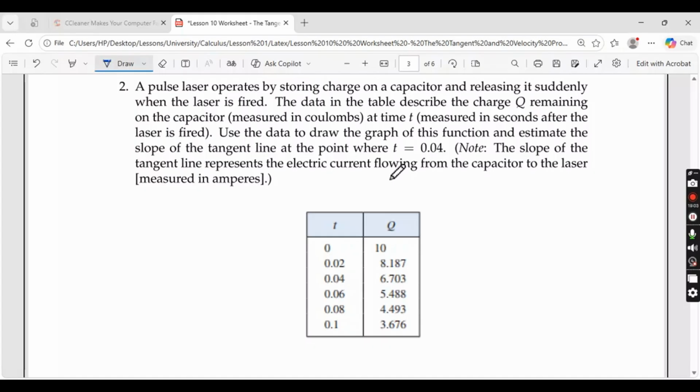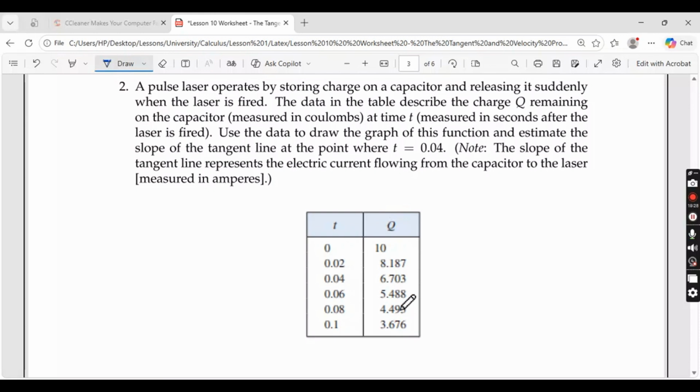Use the data to draw the graph of this function and estimate the slope of the tangent line at the point where t equals 0.04. Note the slope of the tangent line represents the electric current flowing from the capacitor.